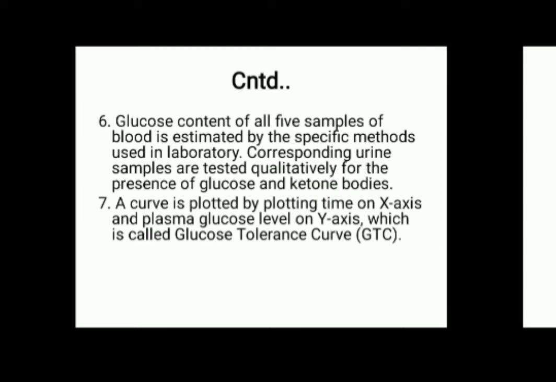Corresponding urine samples are tested qualitatively for the presence of glucose and ketone bodies. After getting the data, a curve is plotted with time on x-axis and plasma glucose level on y-axis, which is called glucose tolerance curve.